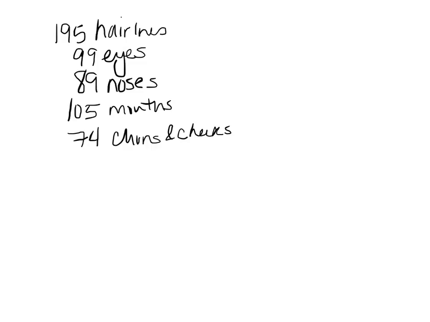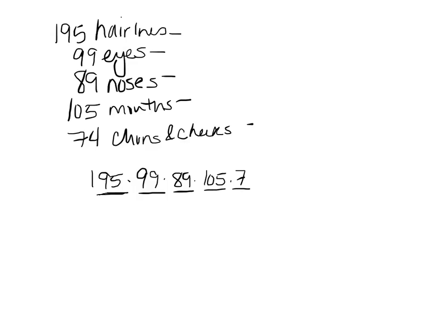Is that claim correct? To figure this out, we need to take all of our events. We have 1, 2, 3, 4, 5, so we have 5 lines. In the first line, for hairlines, there's 195. Then there's 99 eyes, 89 noses, 105 mouths, and 74 chins and cheeks.